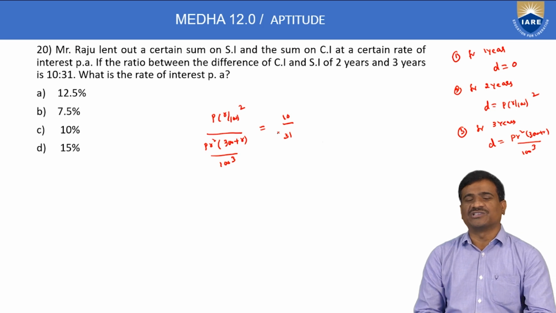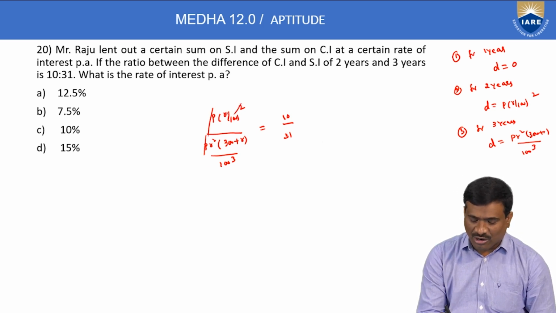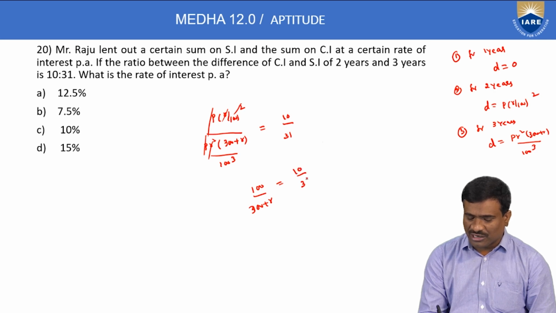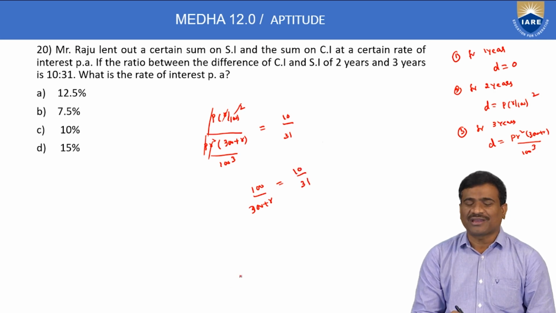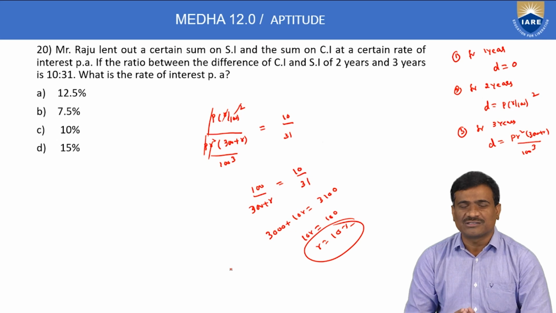In this equation, calculate R. P term cancels, R term also cancels, it is equal to 100 by 300 plus R. 100 by 300 plus R is equal to 10 by 31. Next, calculation: 3000 plus 10R is equal to 3100. 10R is equal to 100. R is equal to 10. That is the rate of interest, 10.